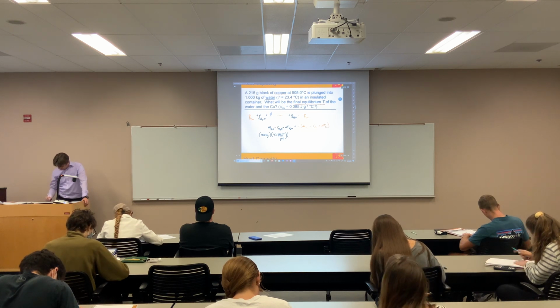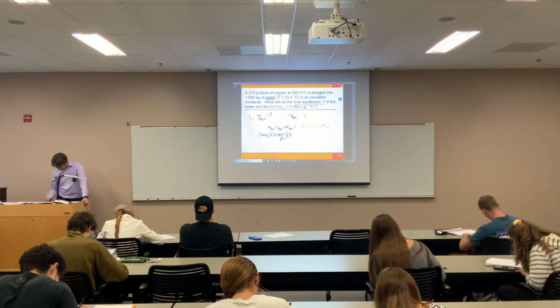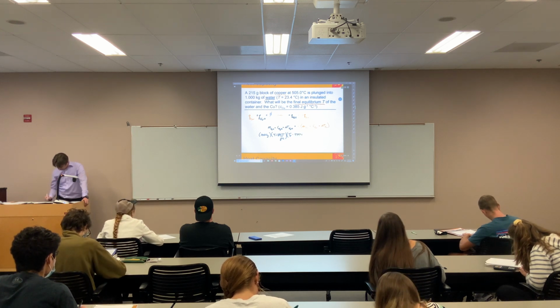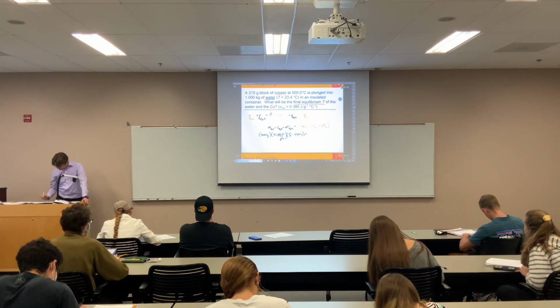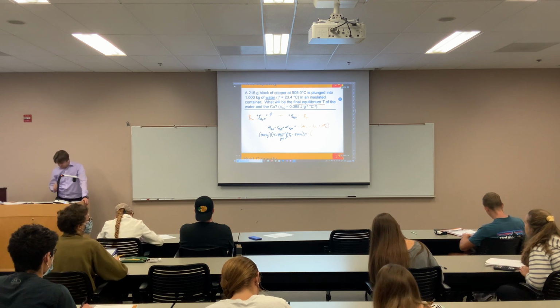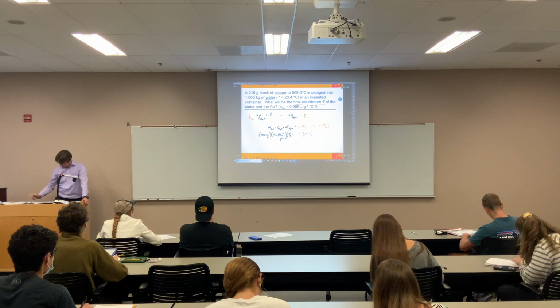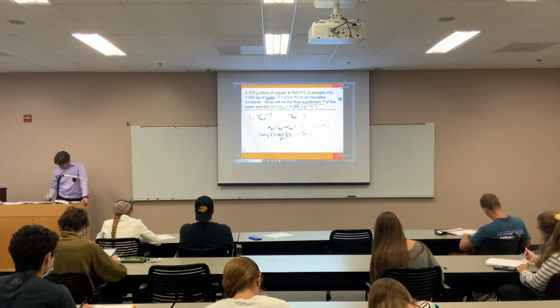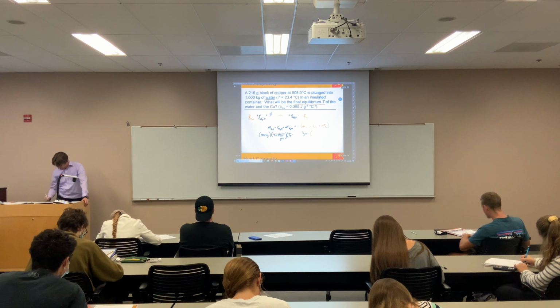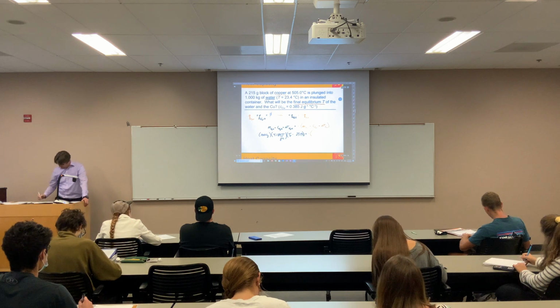Times T final minus the initial temperature of the water. Why is it 505? Shouldn't it be 23.4? Oh yeah, sorry, I was looking at the copper. 23.4 there it is, degrees Celsius, thank you very much.